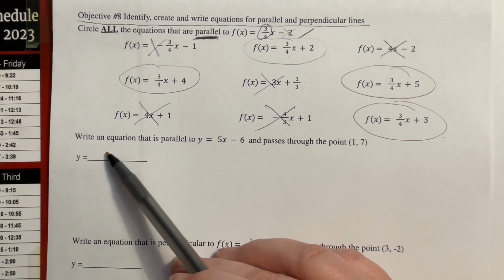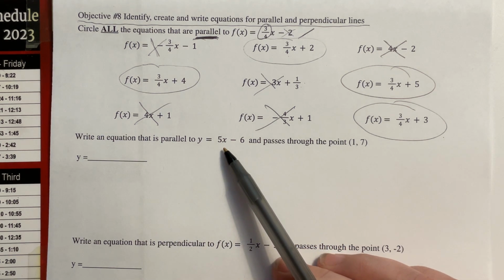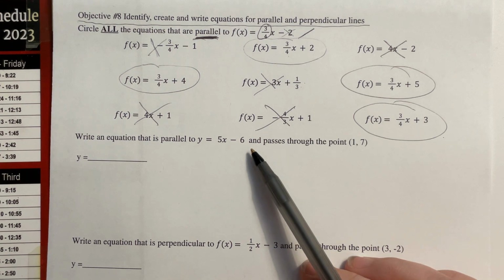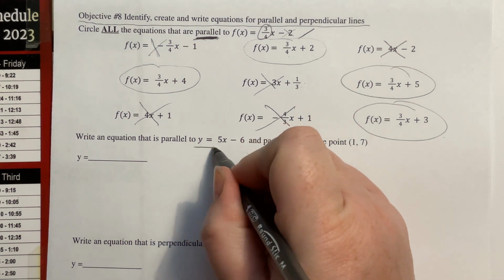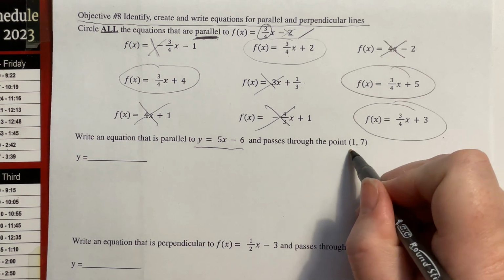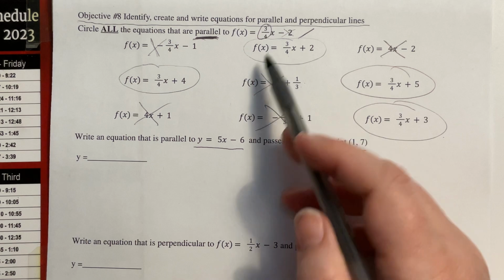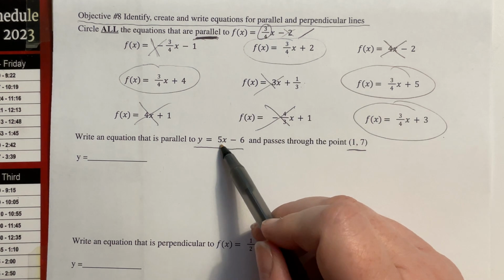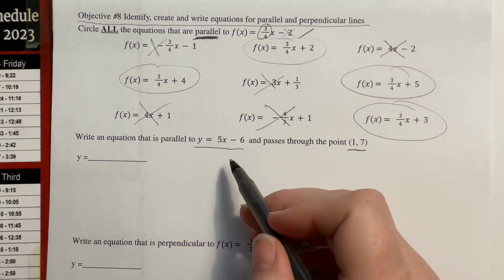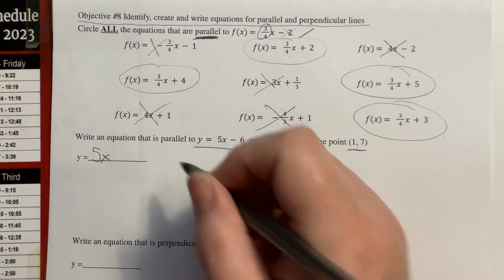We're going to write an equation that is parallel to y equals 5x minus 6. Okay, this is what we care about. But it also has to pass through this particular point. So let's figure out what's going on here. All right, now we know from here, parallel lines are going to have the same slope. So we already know that our answer is going to have 5x in it.